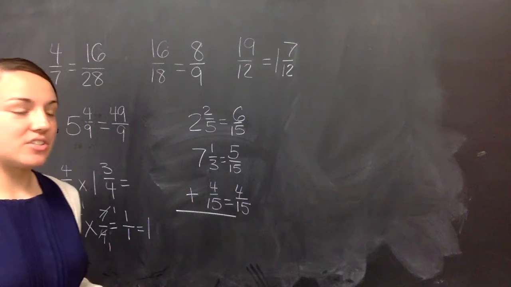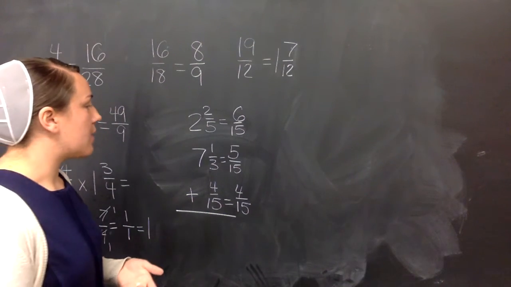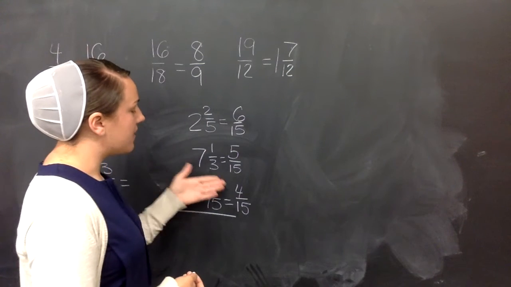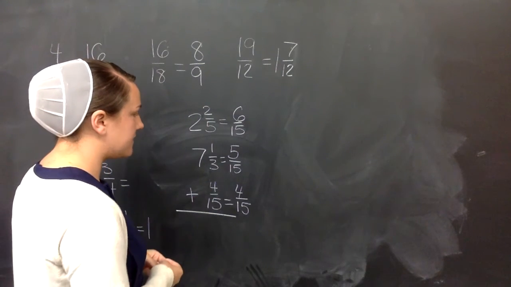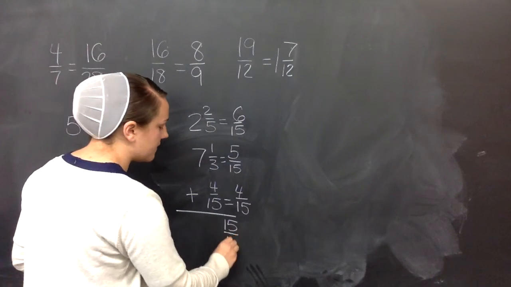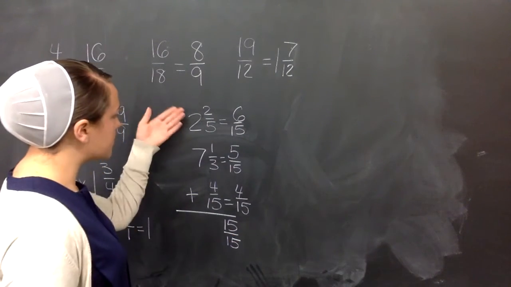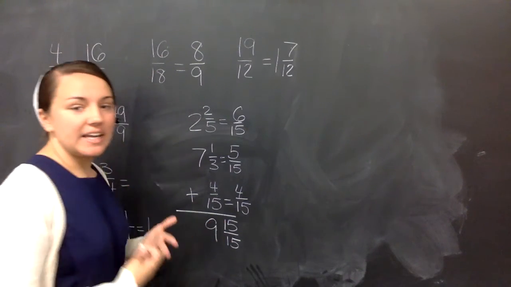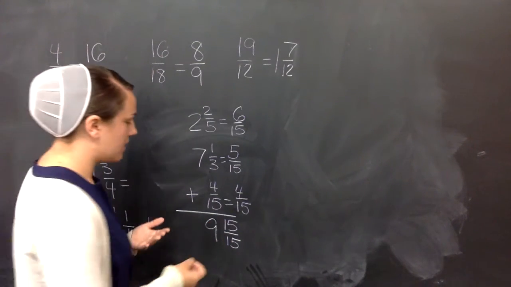Now our denominators are the same. Now we're going to add our fractions together. 6 plus 5 is 11, plus 4 is 15. Our denominator is 15. Now add our whole numbers. 2 plus 7 equals 9. So we have 9 and 15 over 15.